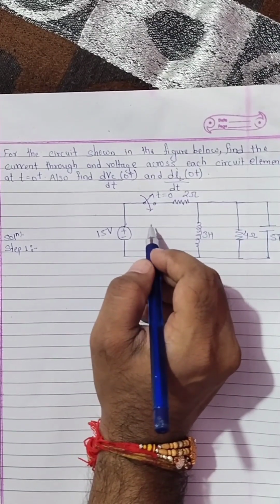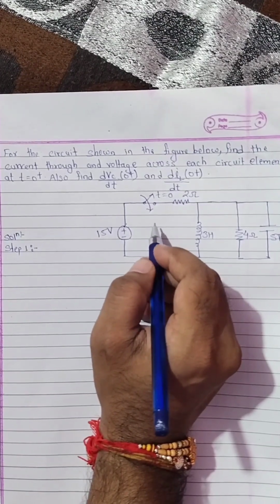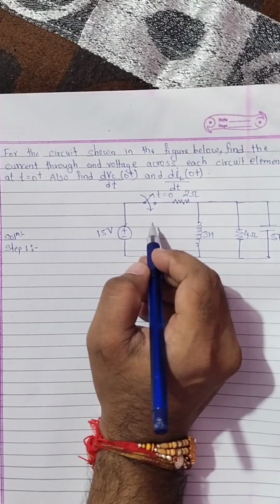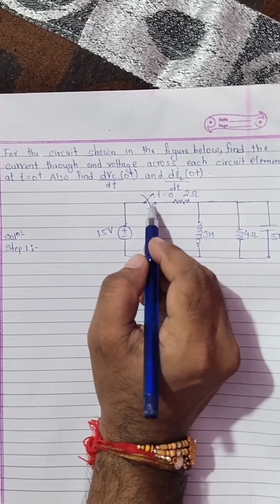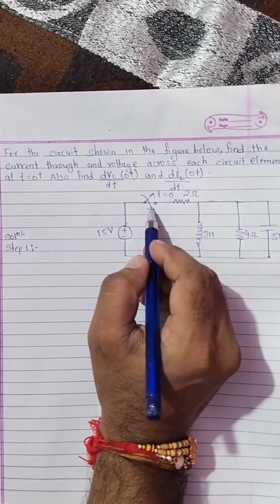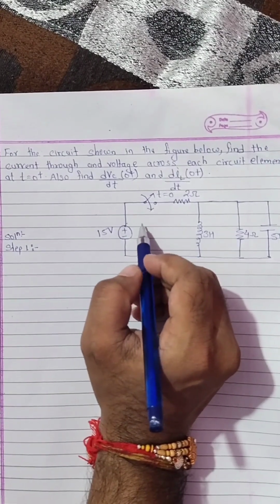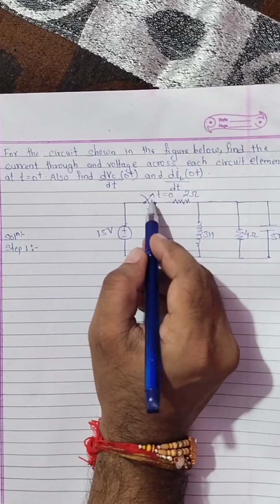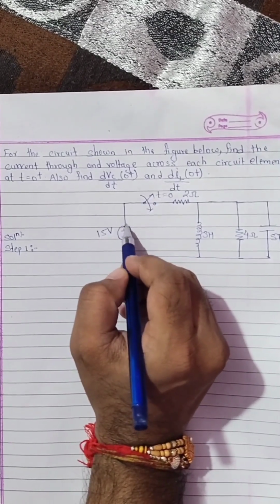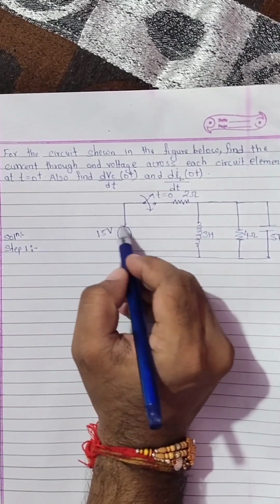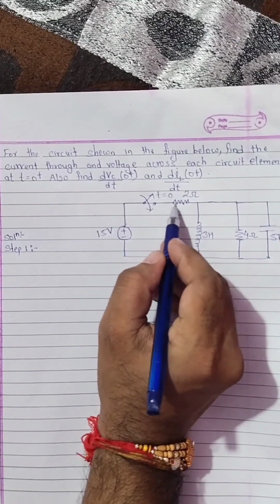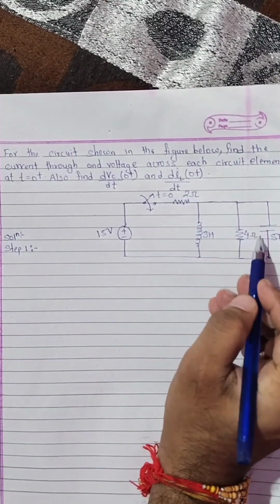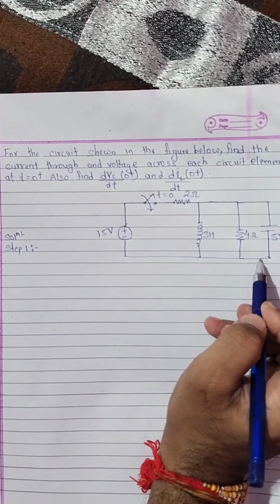So we are going to check the energized and de-energized condition at the t equals to 0 minus circuit. At t equals to 0 minus, the switch will be in open position, so there will be no current driven by this voltage source, no current in the inductor, and no current in the capacitor.